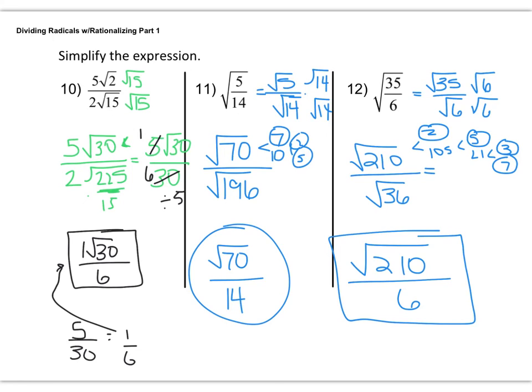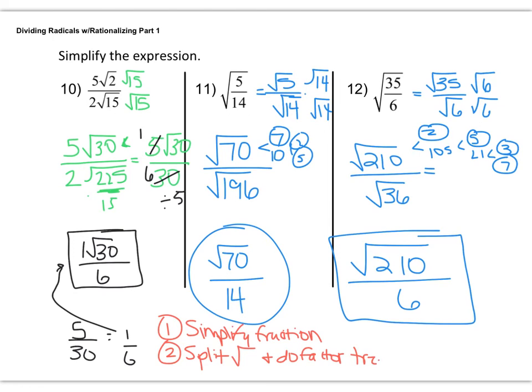So we are done. Looking back quickly at your steps, step 1 was to simplify your fraction. For those of you who like to see this written out, sorry, my pen does not want to write. Simplify fraction. Step 2 is to split the radical and do factor trees, looking for those pairs.